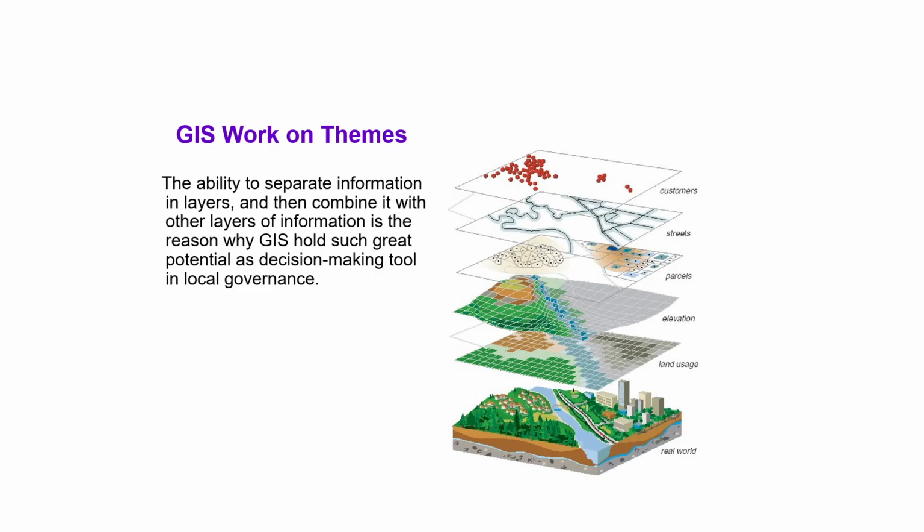GIS mainly works with different themes. The ability to separate information in layers and then combine it with other layers is the reason why GIS holds such great potential as a decision-making tool in local governments.